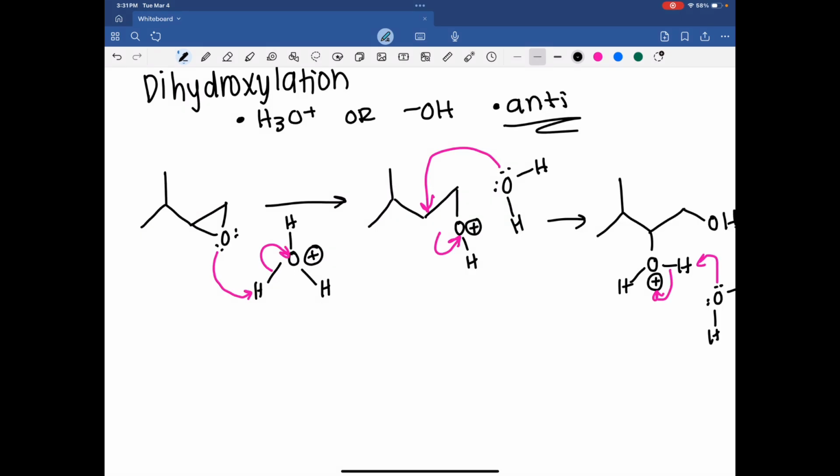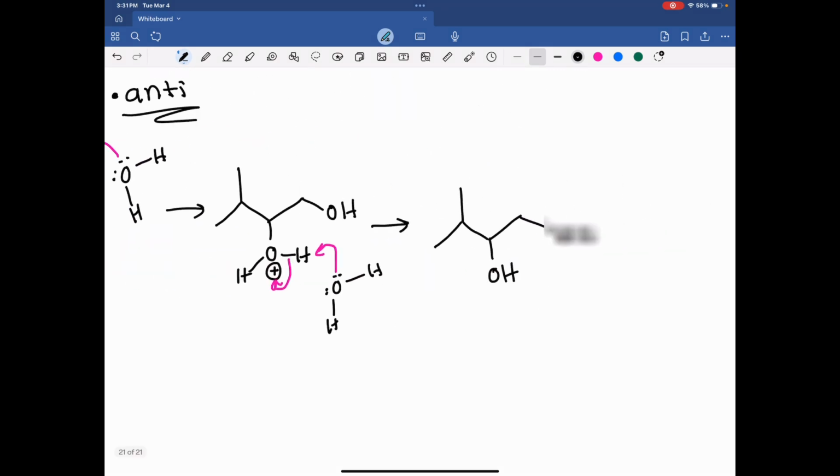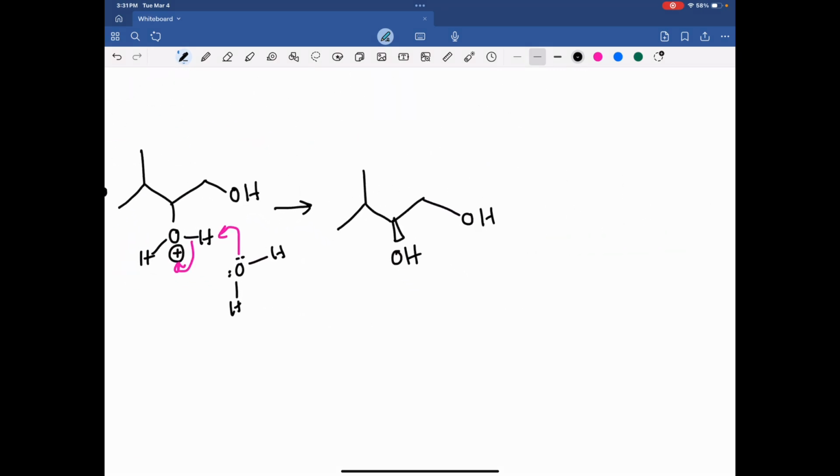And the clue to this was that we had a ring and we opened it, and so it's going to be anti. So I will get both this product and this product.